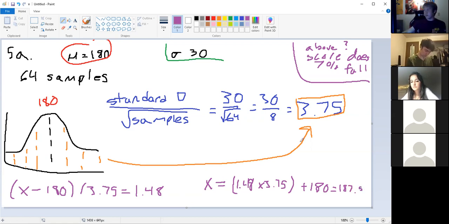I don't remember the exact number, but it's something like that. And so then you know that 7% of the scores are this or higher. And that's how you answer 5, or 5A.